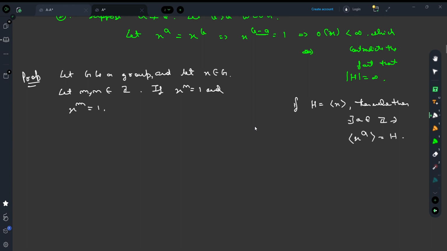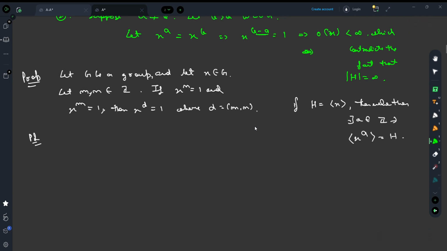If x to the power n is equal to 1 and x to the power m is also equal to 1, then x to the power d is also equal to 1, where d is the GCD of m and n. So that is what we actually need to prove. If you have two powers of an element that equal 1, then the GCD of the powers also gives 1.